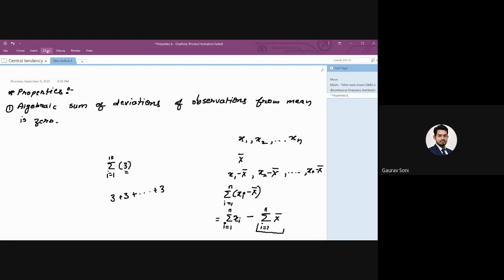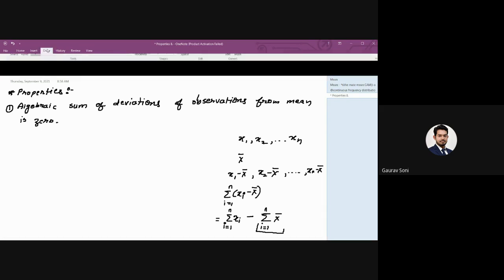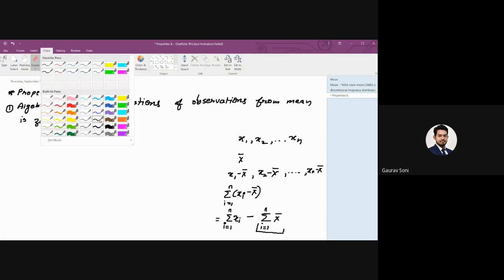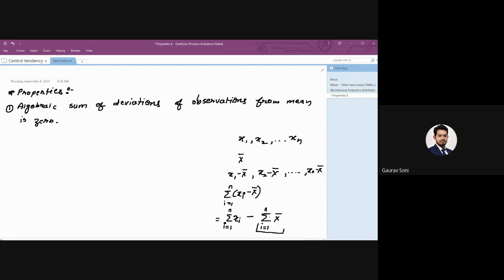And whenever there is a constant, I can always take that constant outside. So I'll write it on the left hand side: minus n times x bar, as I'm adding n.